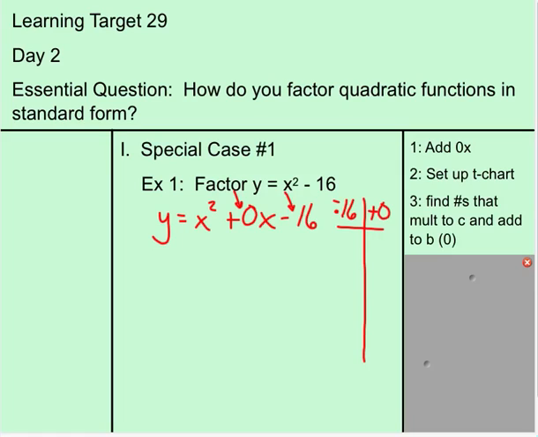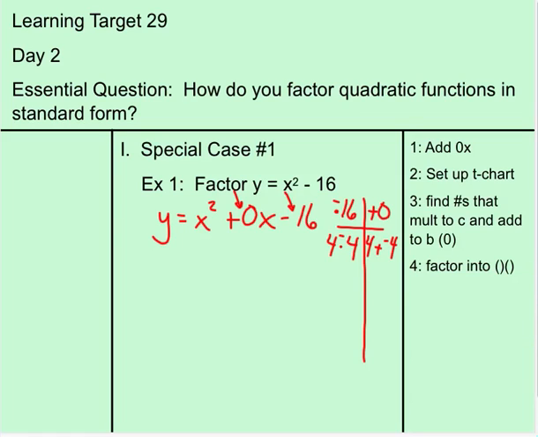And in order to add to 0, they have to be the same number. Well, 4 times 4 multiplies to 16, and if I throw a negative sign on one of them, 4 plus negative 4 adds to 0. So then we can go ahead and factor. So this factors to x plus 4 times x minus 4.